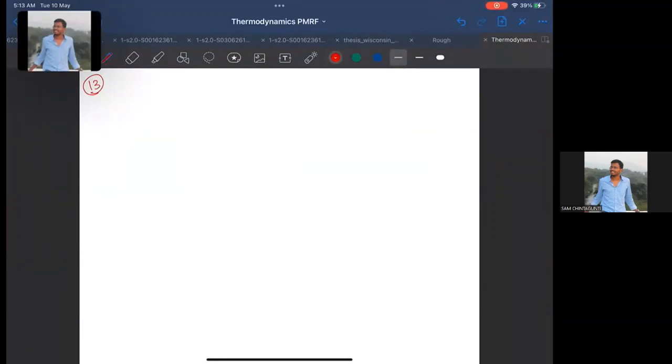So now let's look at the next question, question number 13. In this question, it is given that a pressure cylinder of volume V contains air at pressure P1 and temperature T1.